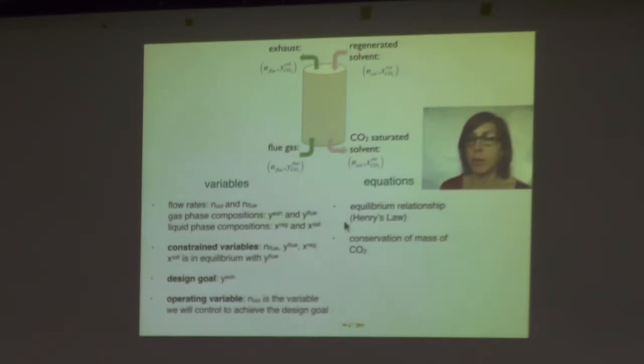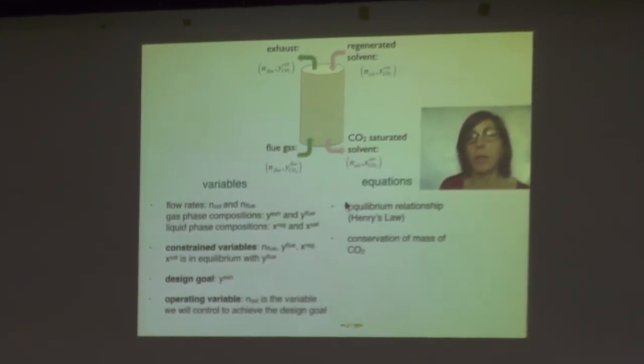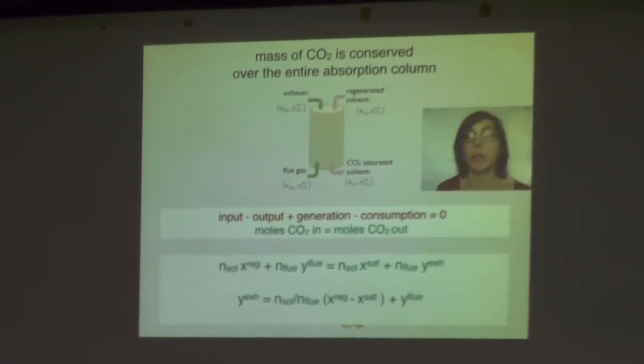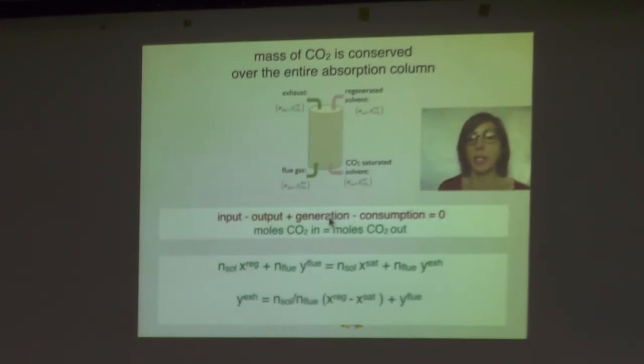And the equations that we have to work with are the equilibrium relationship, Henry's law, which we've just seen, as well as the conservation of mass of carbon dioxide. So the mass of carbon dioxide must be conserved over the entire absorption column. So we can write a mass balance that looks like this: input minus output, plus generation minus consumption equals 0. And assuming no chemical reaction will generate or consume carbon dioxide, we have moles of CO2 going in equal moles of CO2 going out.